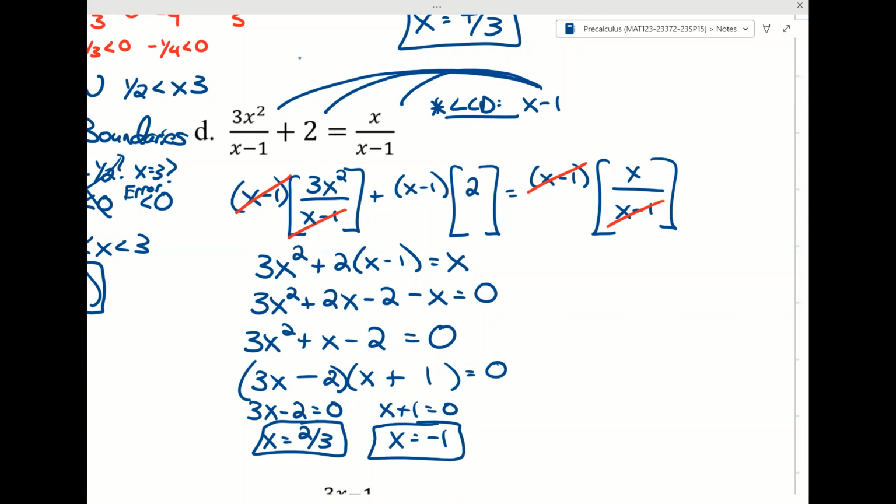Anyone remember the last step we have to check when we're doing these kind of problems? Yeah, you have to make sure none of the denominators turn out to be 0, and if you check both of these, they're fine. If x was 1, that would be a problem, but it's not.